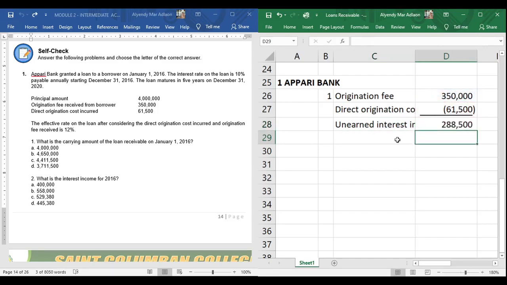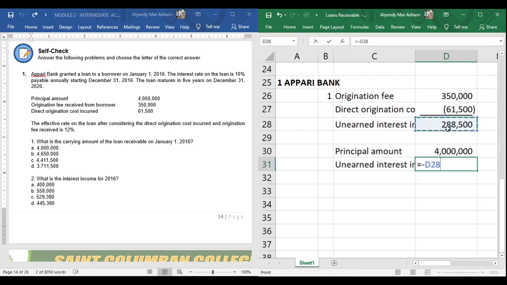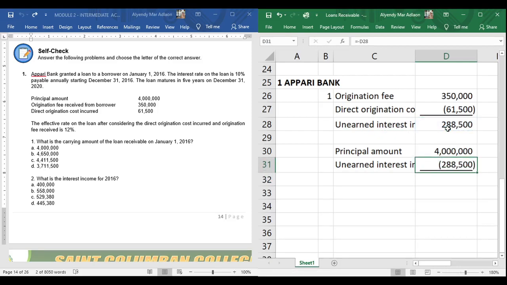So sa may treatment ani niya ron, i-deduct siya sa to ang principal amount. So natay principal amount na 4 million and then less na dayon unearned interest income of 288,500. So that would give us a carrying amount on January 1, 2016 amounting to 3,711,500. Okay, that would be letter B.